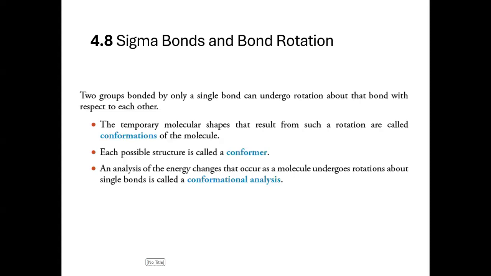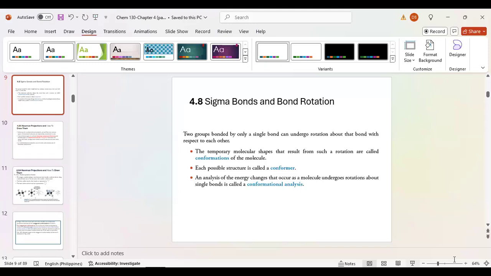For example, the sp3 and the sp3 orbitals would have a sigma bond, and there is only a possibility that it would undergo the rotation of that bond.